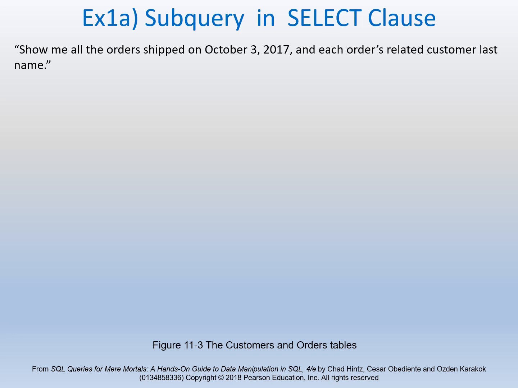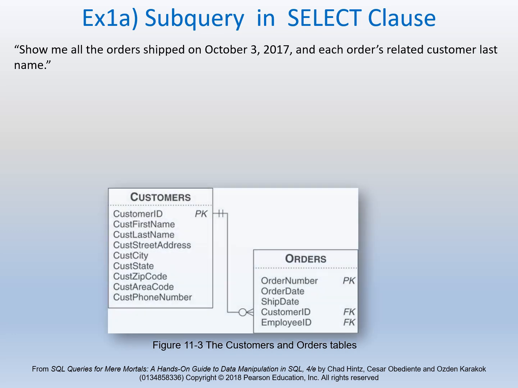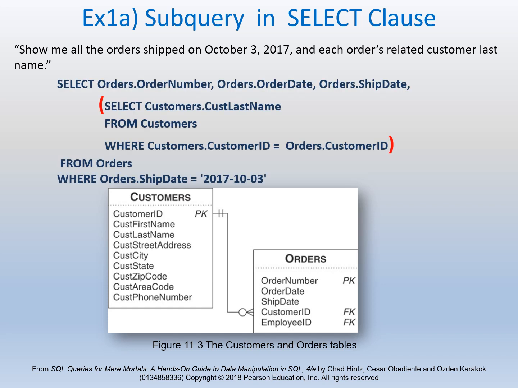We begin with the query, show me all the orders shipped on October the 3rd, 2017, and each order's related customer last name. This is our data model for the query based on two tables, customers and orders. This is our select statement.